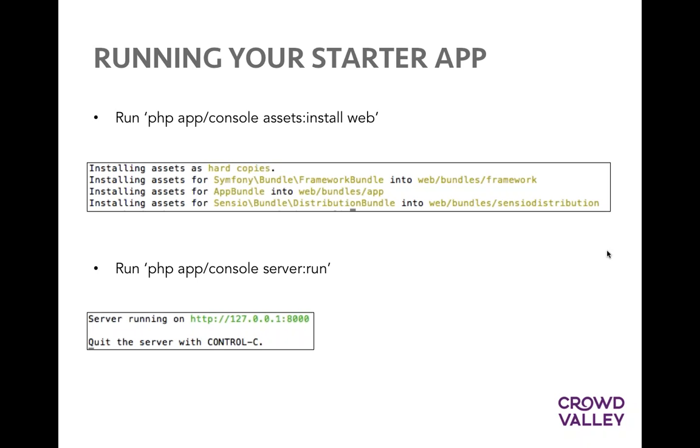And then finally, you can run the application in server mode by typing in php apps/console and then server:run, and you should see a message that says the server is running on this link, this 127.0.0.1, and that should be all you need to do to start the application running.